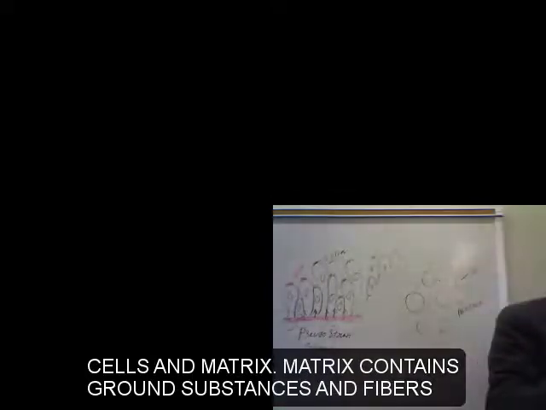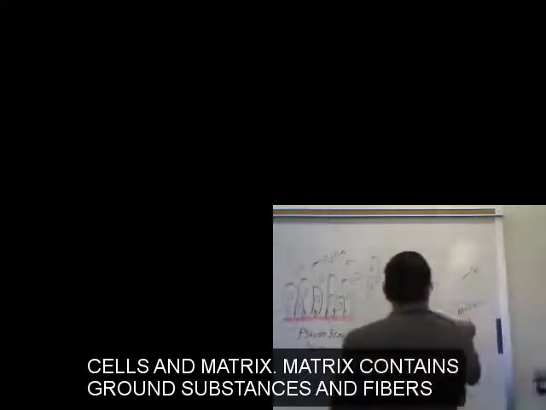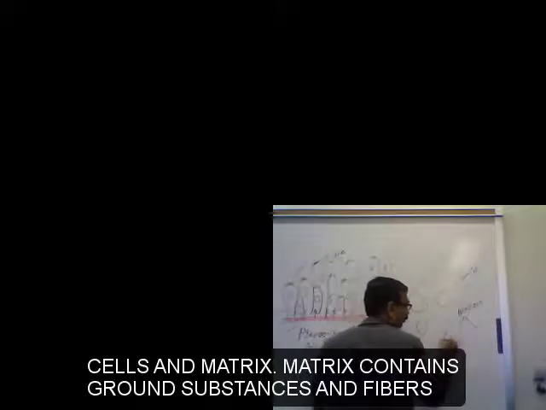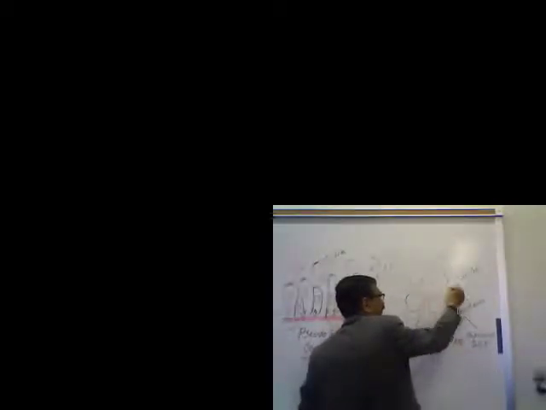Now matrix has two things. Matrix could have fibers and ground substances, other chemicals. So inside the matrix you will see fibers and the other chemicals, that is called ground substance. Okay.